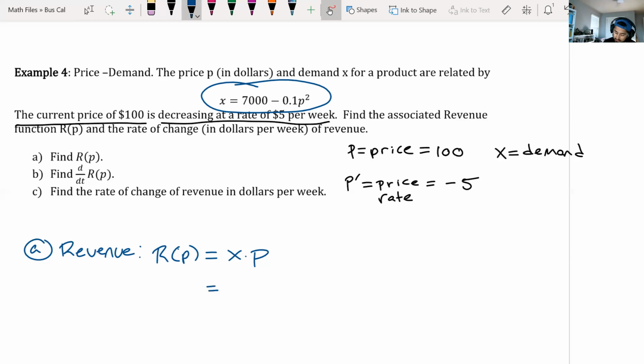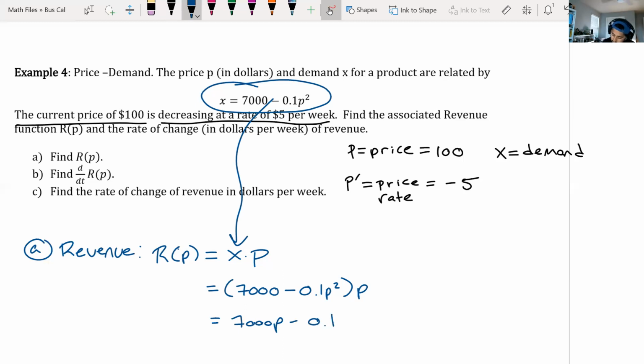So this means we're going to get 7,000 minus 0.1 P squared times P. So again, we took all of that and plugged it in for X. Okay, and now just go ahead and distribute the P. And we'll have 7,000 P minus 0.1 P cubed.